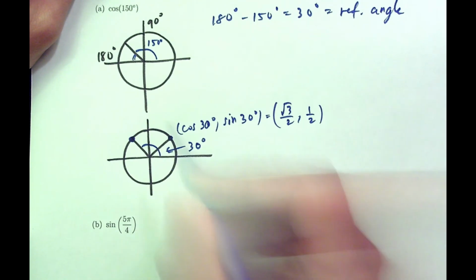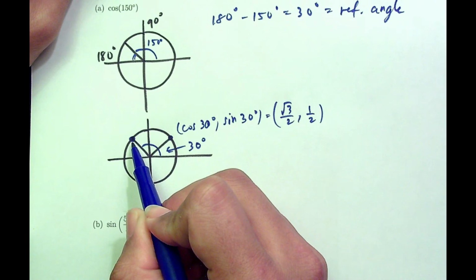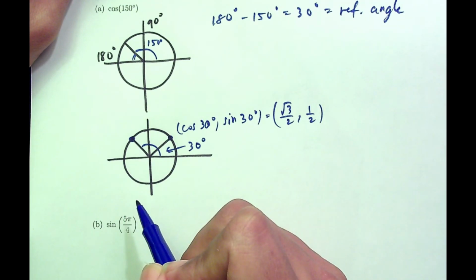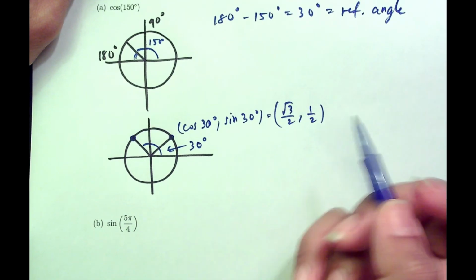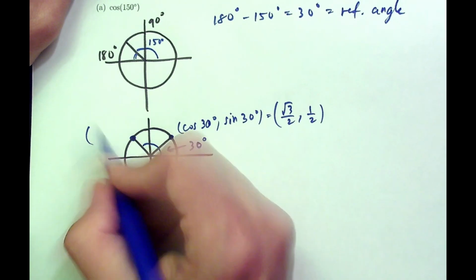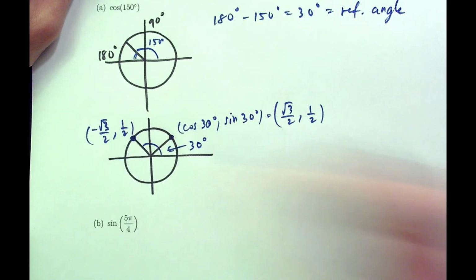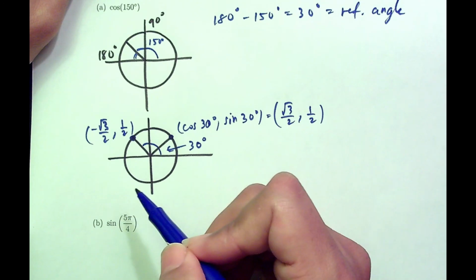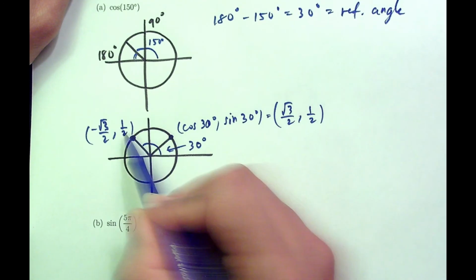But now, if I know the coordinates of that, I can figure out the coordinates of this one, and in fact, they're exactly the same with signs adjusted. The x-coordinate needs to be negative because you're in the second quadrant. So that means the coordinates of this point are negative square root of 3 over 2, a half. That means the cosine is negative square root of 3 over 2, and the sine, which they're not asking about, is 1 half.